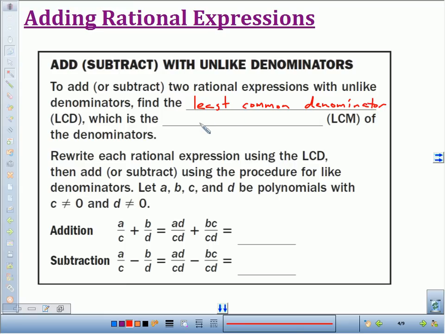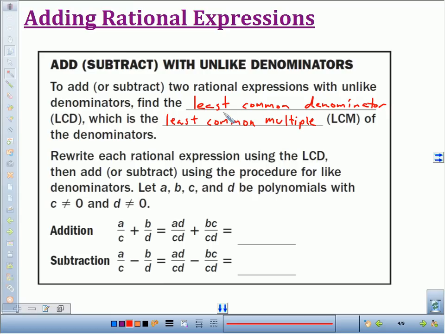Another name for the least common denominator is the least common multiple. That's the smallest multiple that both of the terms share.